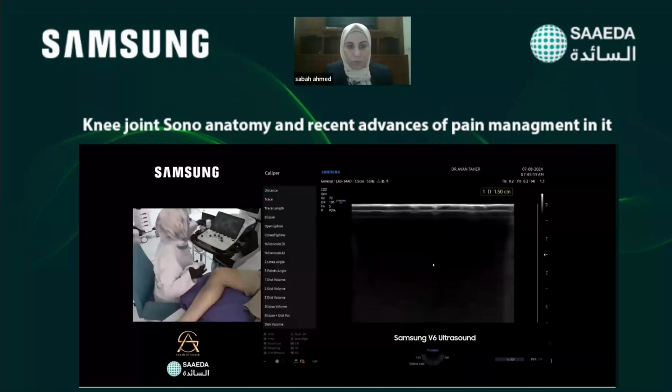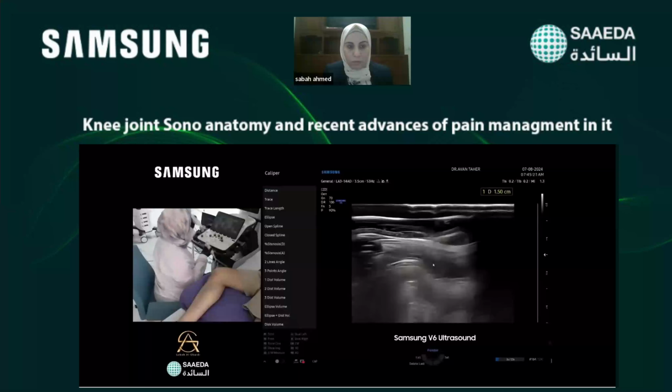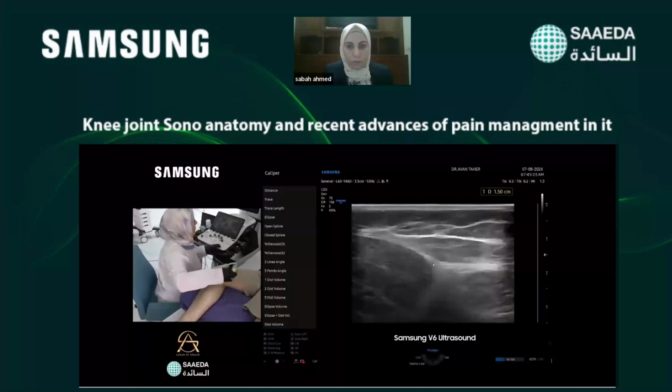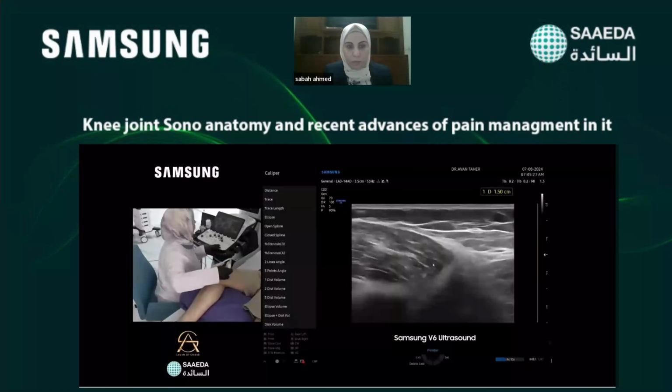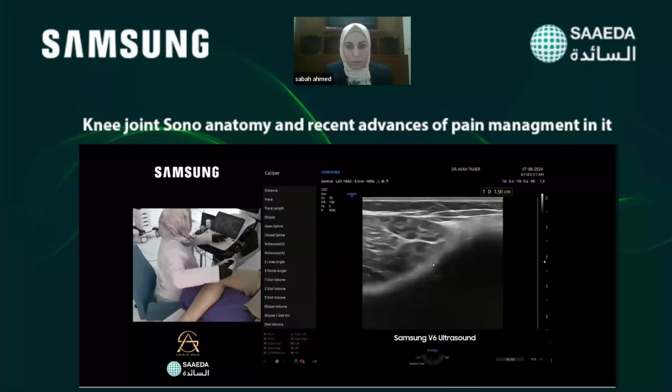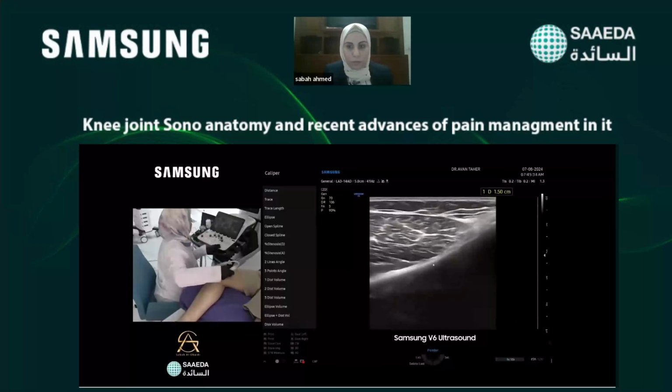Another important structure of the medial compartment is the superior medial genicular nerve. With the same procedure, we go to the shaft of the femur. You can see a pulsating vessel here.